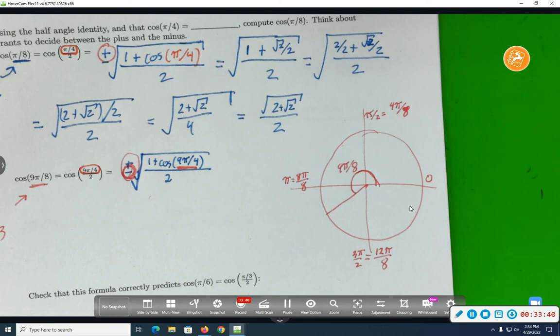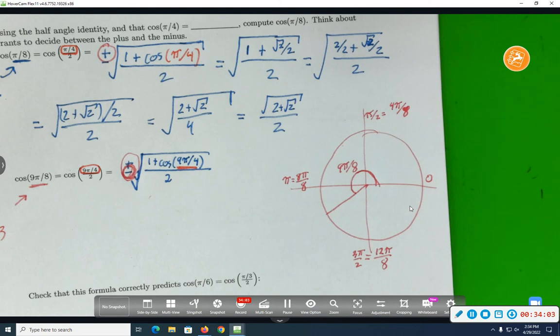Here's your unit circle. See, there's pi over 4, 2 pi over 4, 3 pi over 4, 4 pi over 4, 5 pi over 4, 6 pi over 4, 7 pi over 4, 8 pi over 4, 9 pi over 4. So what's the reference angle for 9 pi over 4?